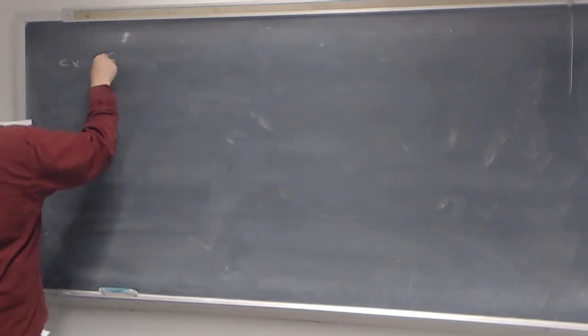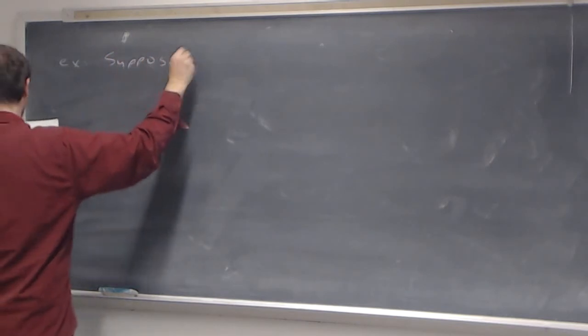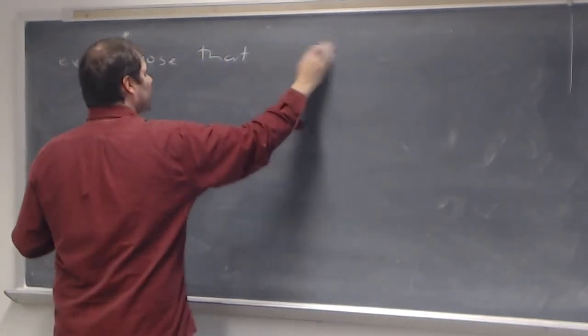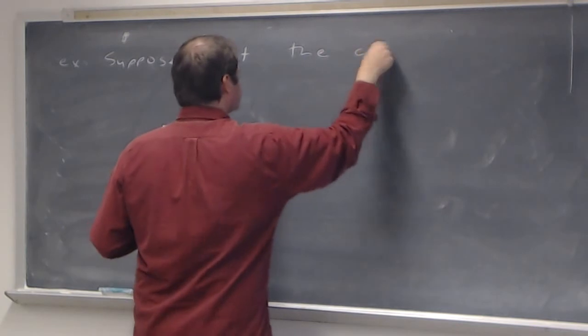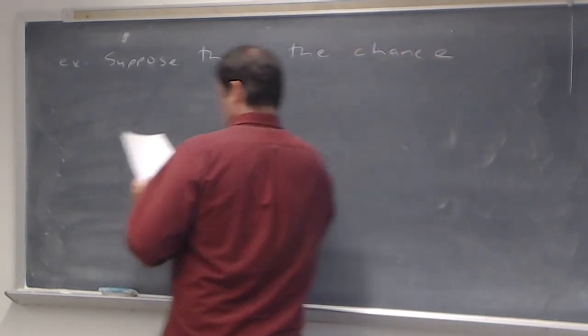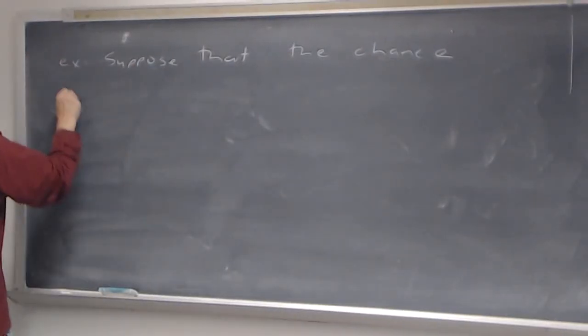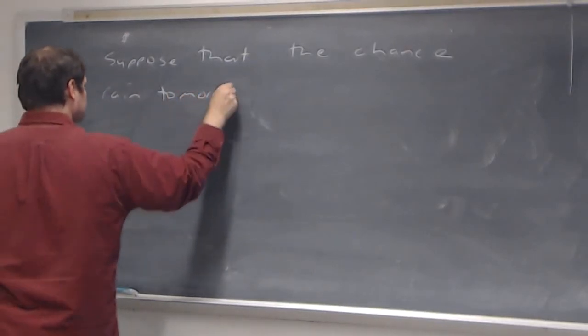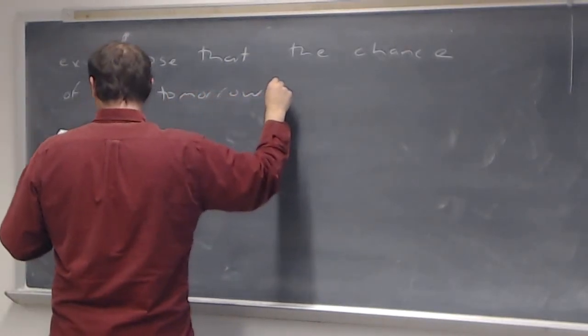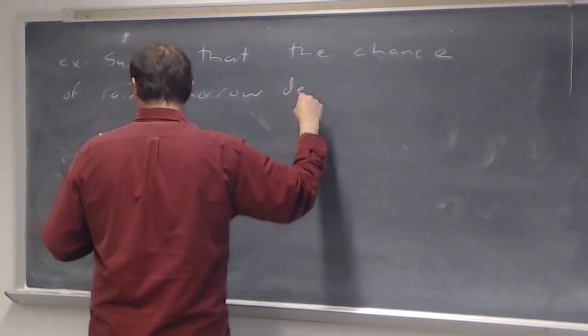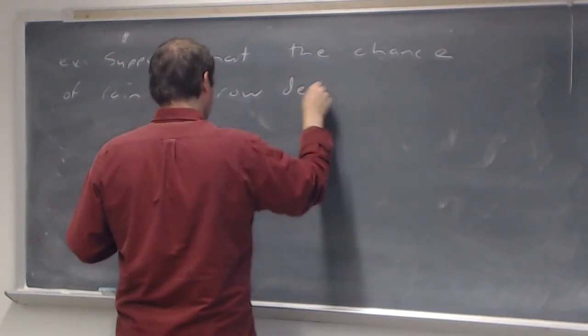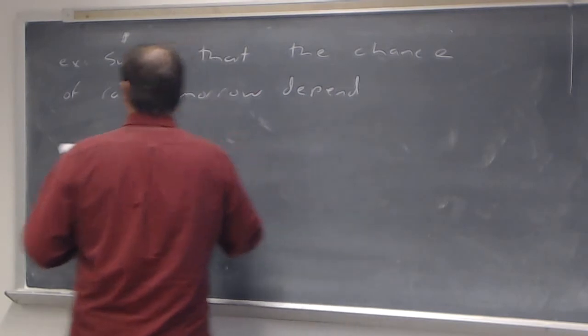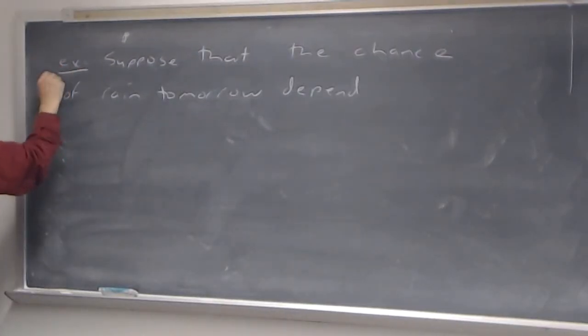So in the first example, we suppose that the chance of rain tomorrow depends, by the way, this example is something from the book. It's on page 192, okay?